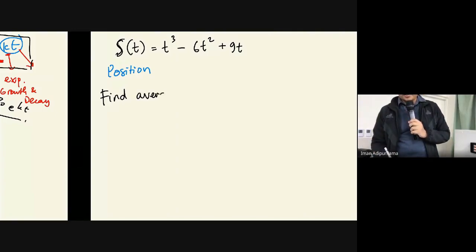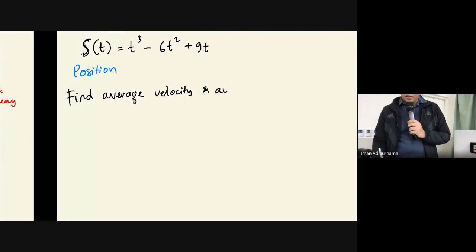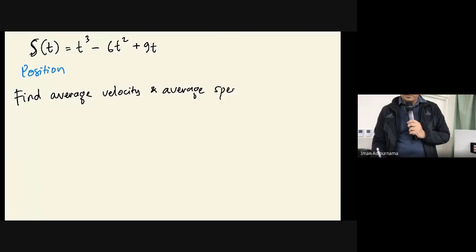Find average velocity and average speed if t is from 0 to 5.